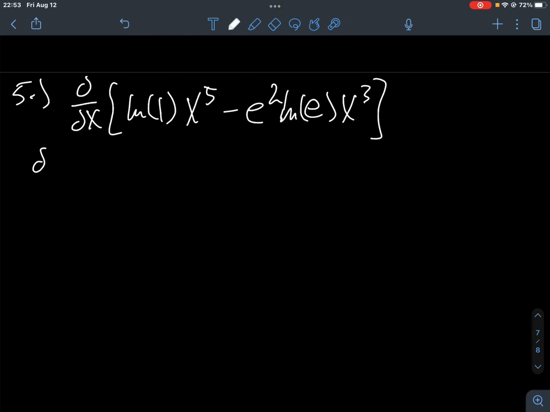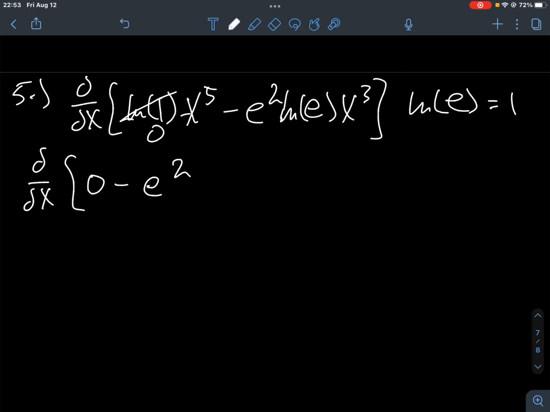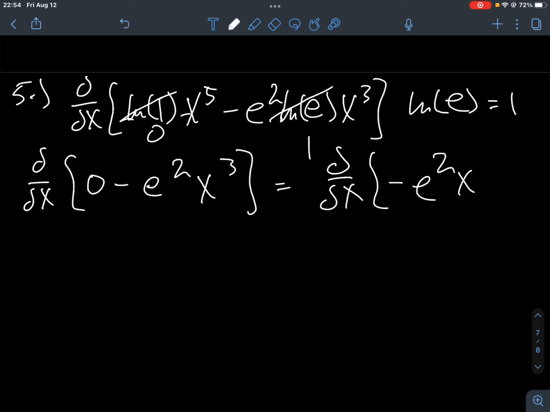So we can rewrite this as d dx. Well, ln of 1 is 0. 0 times x to the 5th, well, that's just going to be 0, minus e squared. Now ln of e is equal to 1. So that just goes to 1, and we get x cubed. So all we're taking the derivative of is simply negative e squared x cubed.